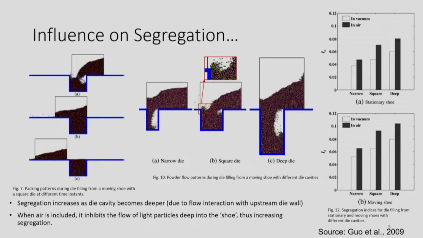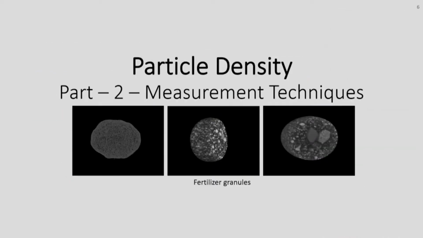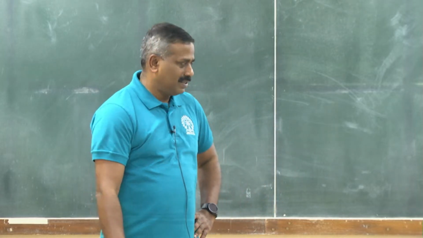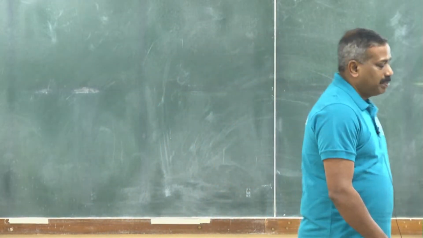If there is some air inside, it inhibits flow and there is higher potential for segregation. So that is the role of density. Any questions so far? We will talk about bulk density and powder density later in the next part of the lecture. So how do we measure particle density?